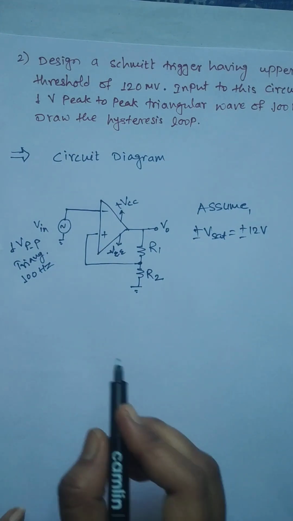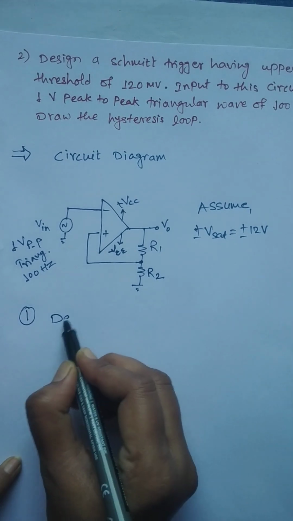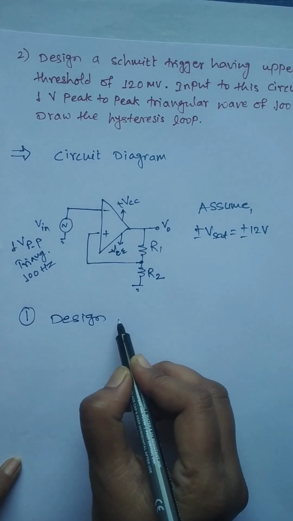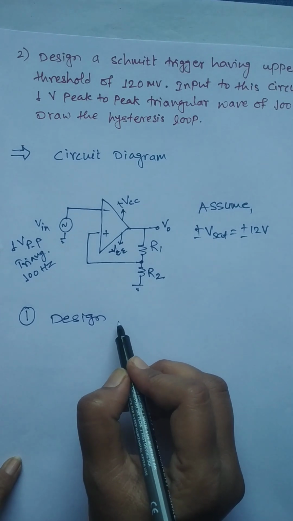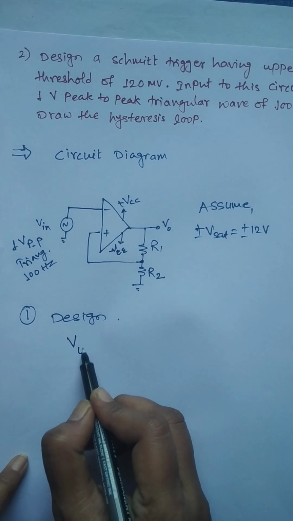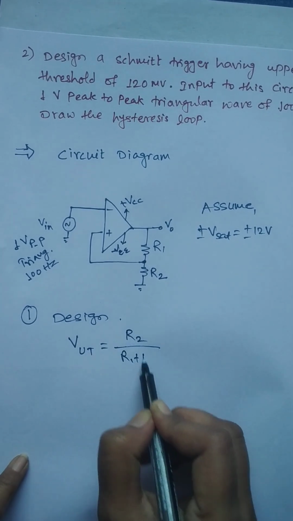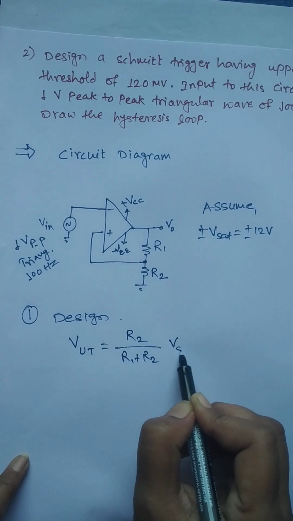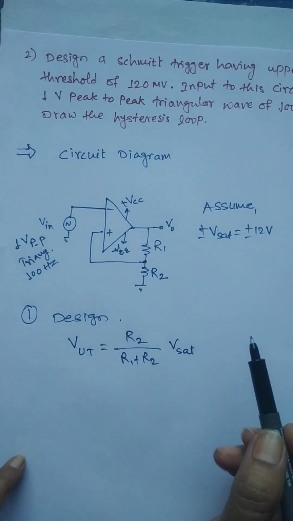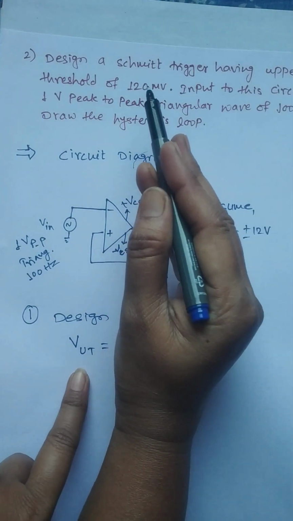Okay. So first I am going to design the Schmitt trigger. So what we know related to this is the formula VUT is equal to R2 upon R1 plus R2 into plus Vsat. Now VUT and VLT values are given as 120 millivolt.